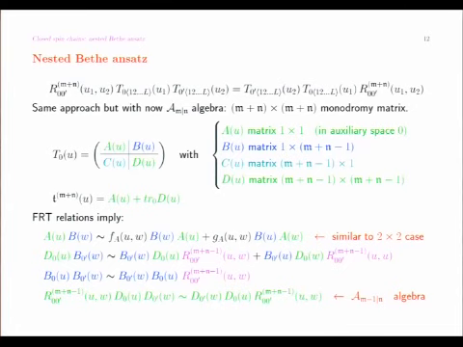It's the same type of algebra as the one we started with, but with a rank less by 1. And it's just the D operators which obey this relation.